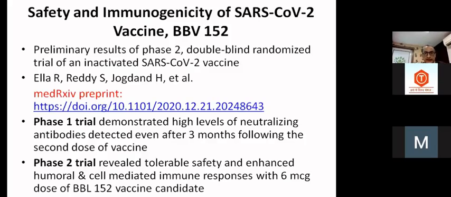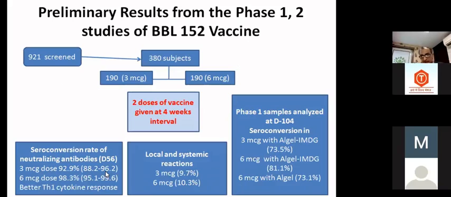This is data which has been published, though it is not peer-reviewed. There are preprint servers, and medRxiv is one of them, where the data of the phase 1 and phase 2 clinical trials has been published. They have shown that they used various dose strengths.